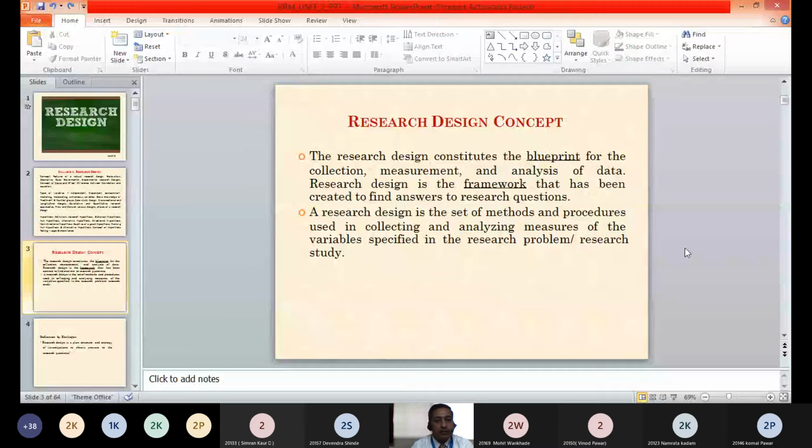So we try to collect the data related to those variables. We try to measure those variables. We try to do the analysis of the data so as to get a solution to that particular management problem or research problem. That is a research design.